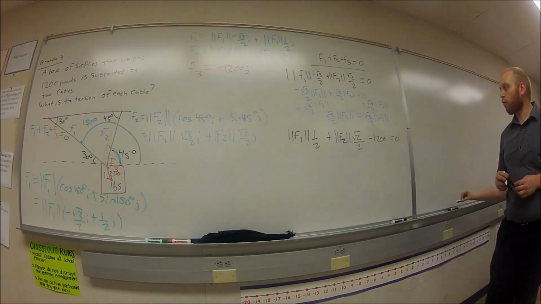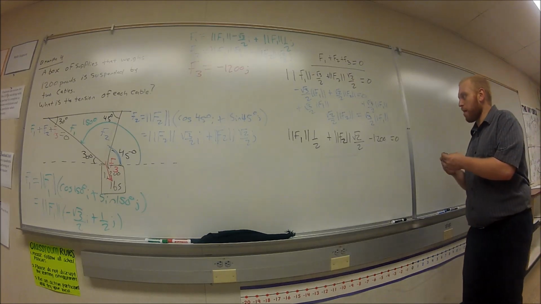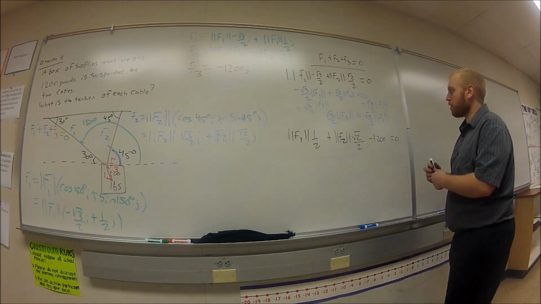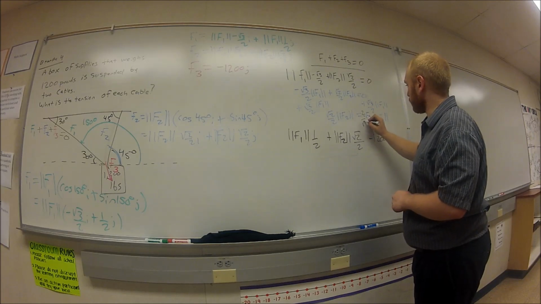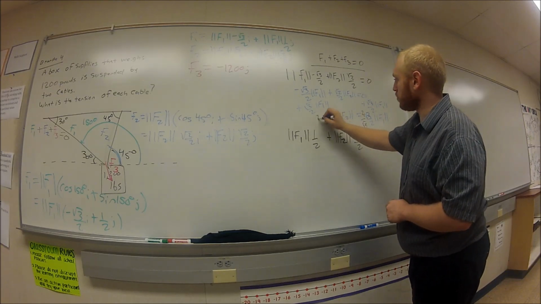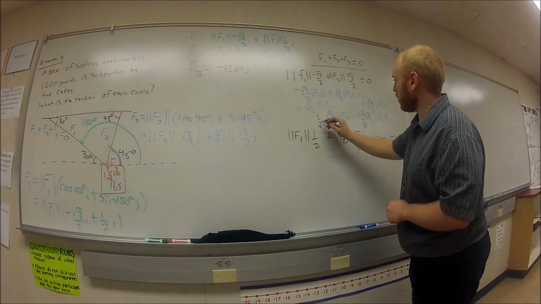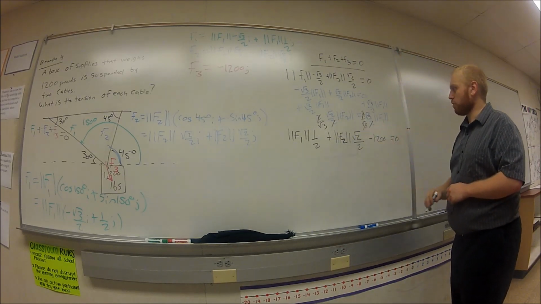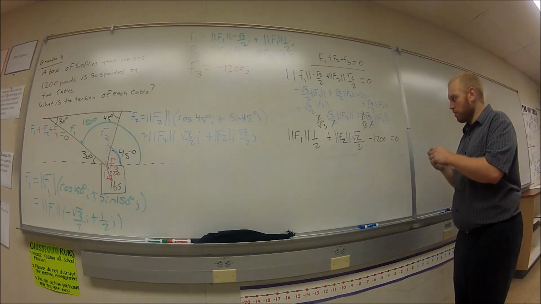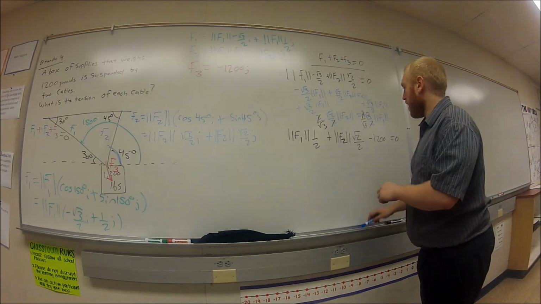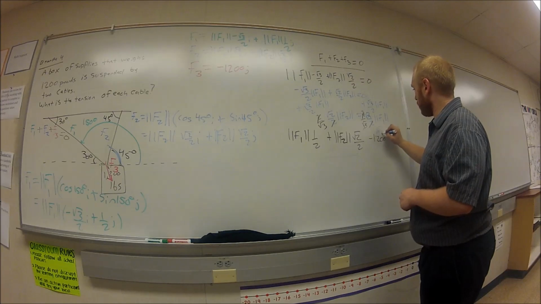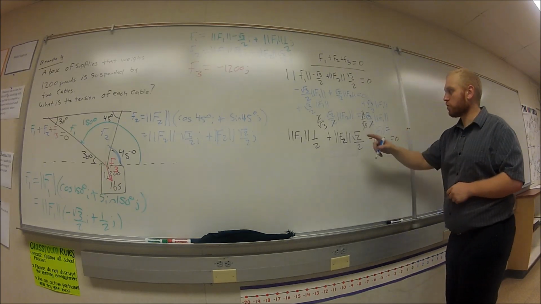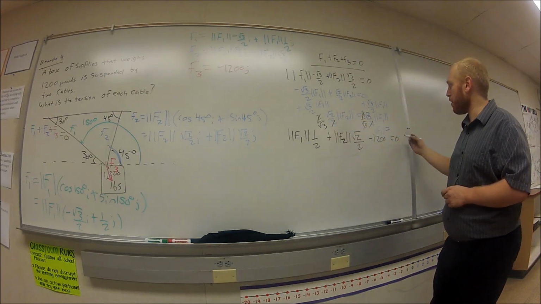Now if I want to solve for force 1, I'm going to multiply by 2 over root 3. The 2's cancel, and that gives me that F1, the magnitude of it, equals root 2 over root 3.